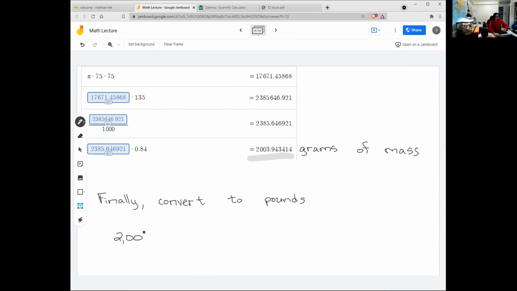So I take what I have, I'm going to round it. It's not a fraction, so I put it over 1. And I'm wondering how many grams are in a pound.